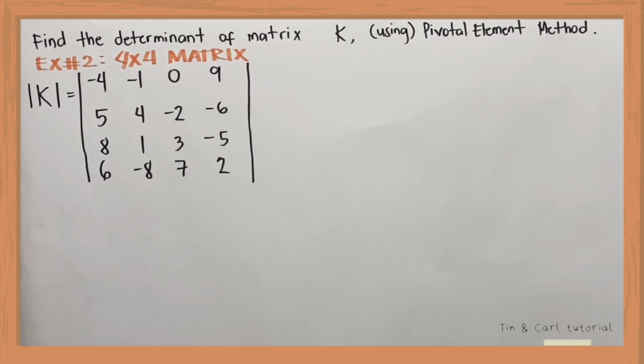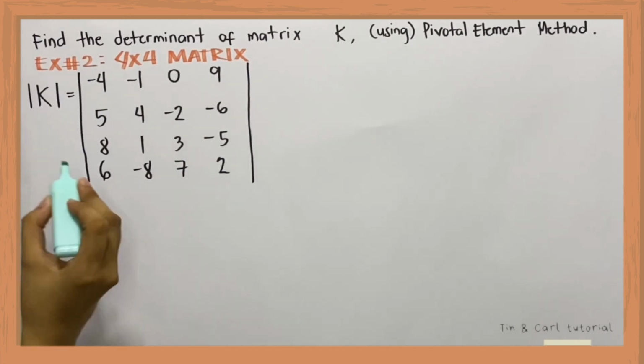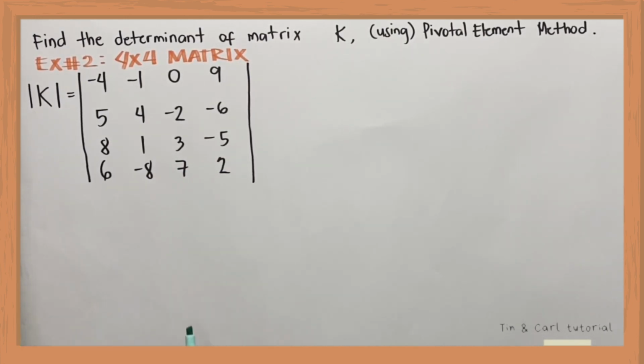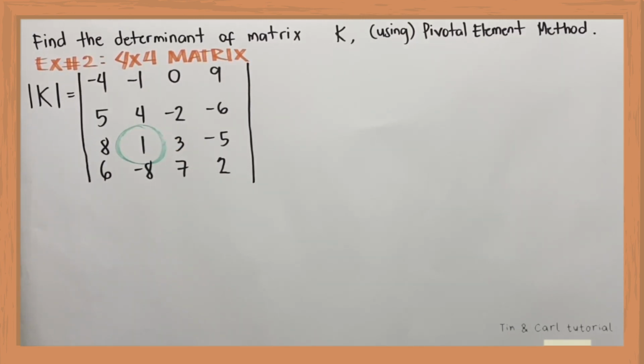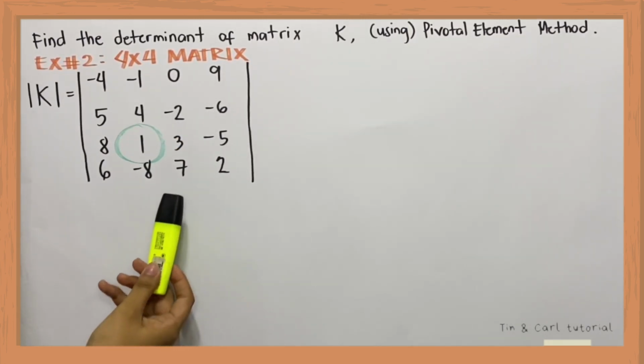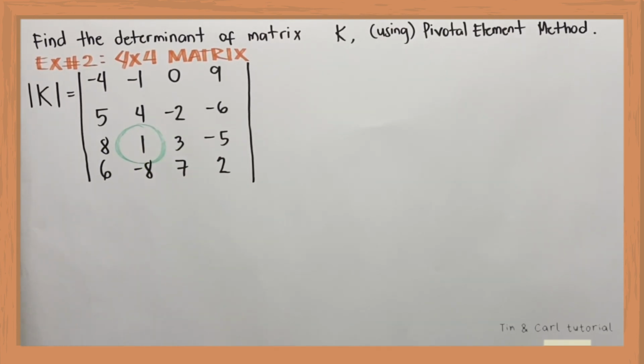Upon marking up our pivotal element, we need to mark it, so this is what we will use to highlight. 1. There it is. So, we already marked up our pivotal element.